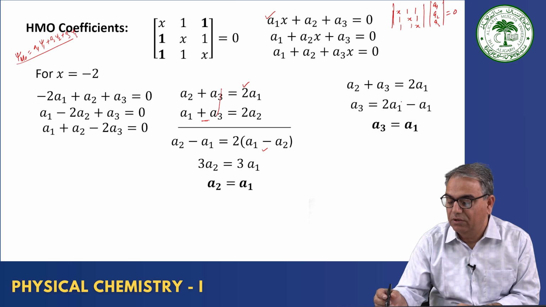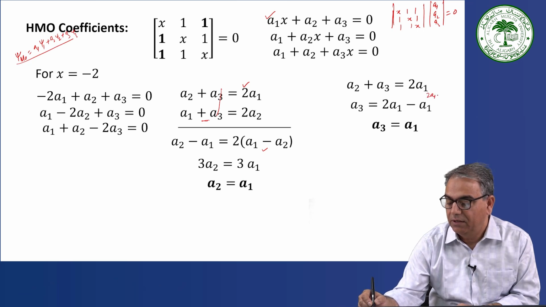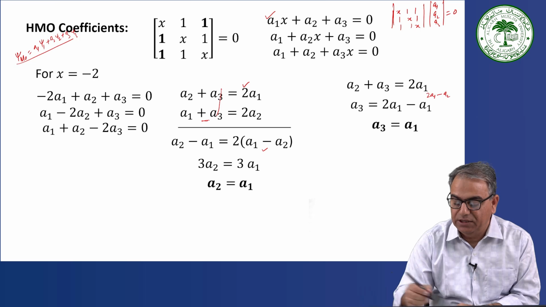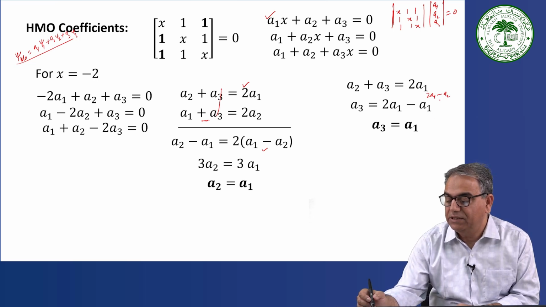Okay, no, sorry, it's fine. a1 is equal to a2, so I can write this. Don't get confused. 2a1 minus a2 I can write, and a2 and a1 are same. So you replace this one, 2a1 minus a1, so it will be a3 is equal to a1.